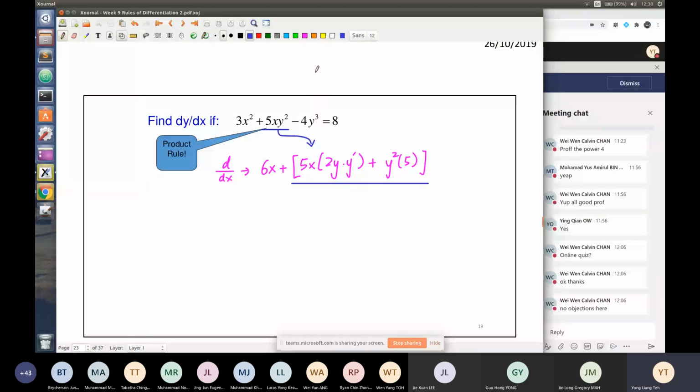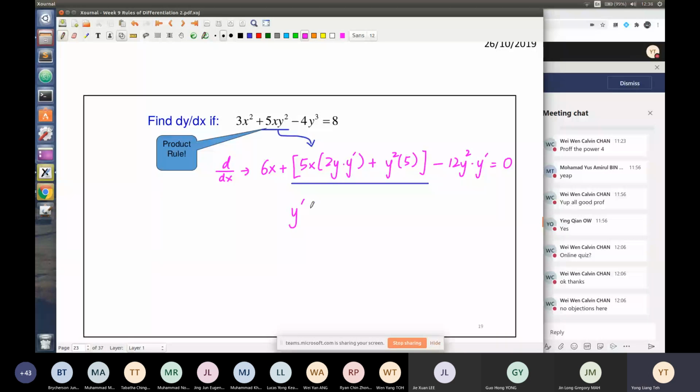Followed by minus: 4, you bring down power 3, get 12y square. But because you differentiate y, you need a y prime. Differentiate 8, of course you get 0. I hope you see the repetitiveness of the examples already. So obviously isolate your y prime.